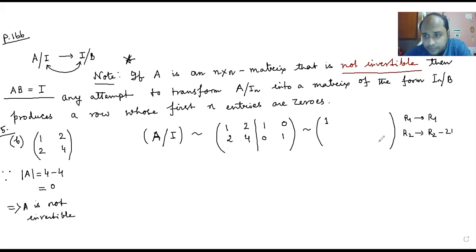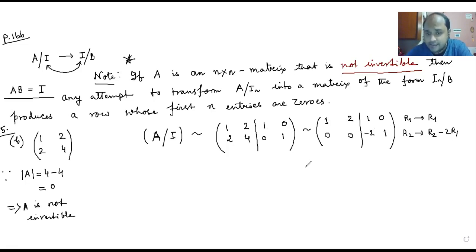If I multiply the entire row by 2, we get 2 and 4 over here, and therefore 2 minus 2 gives you 0, and 4 minus 4 gives you 0. And here, 0 minus 2 is minus 2, and 1 minus 0 is 1.